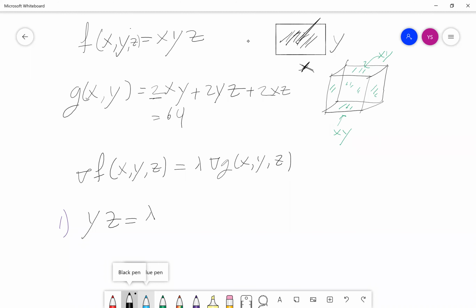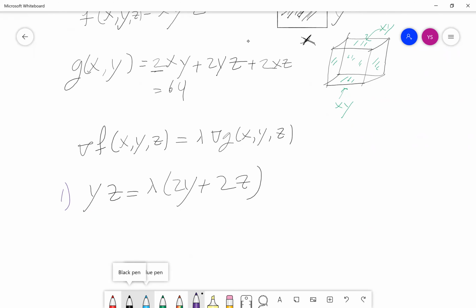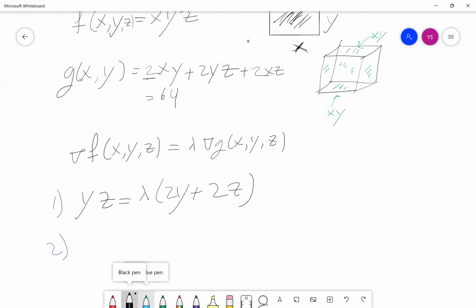So that's 2y plus 2z. Okay, second equation. Partial with respect to y of f, that's xz, is equal to lambda times 2x plus 2z. Okay, that's our second equation.